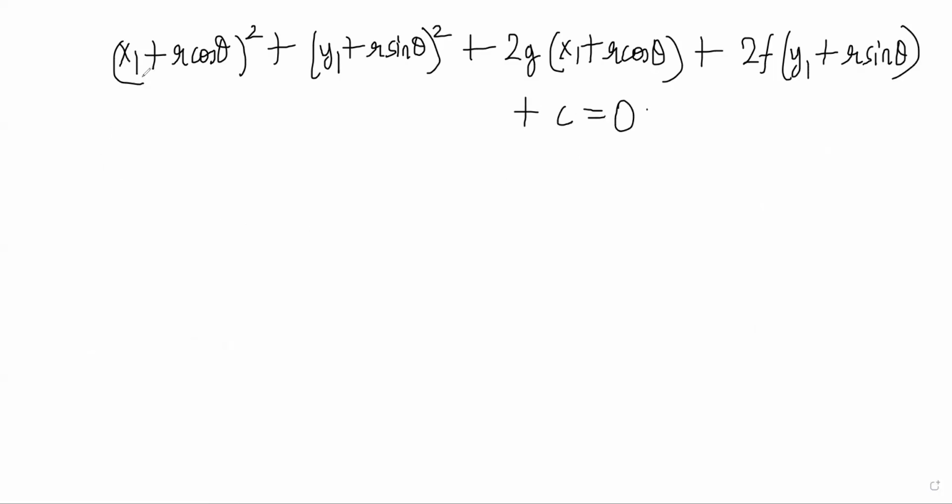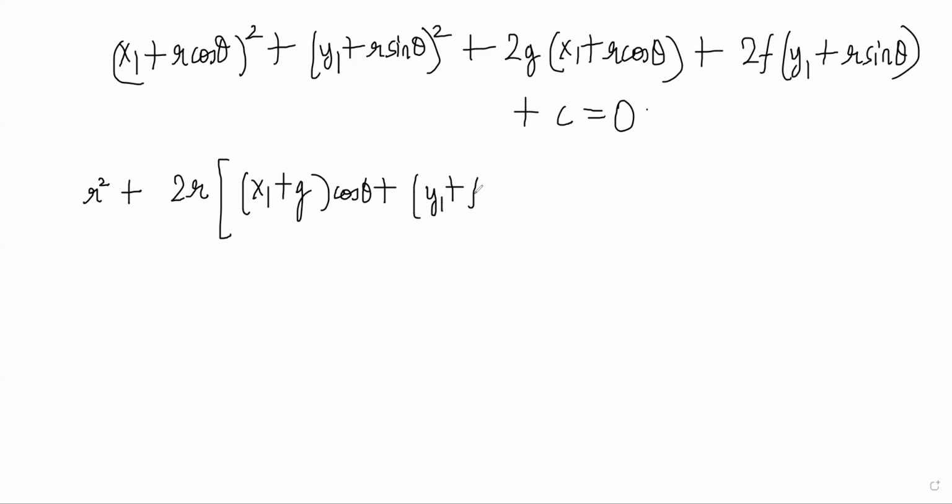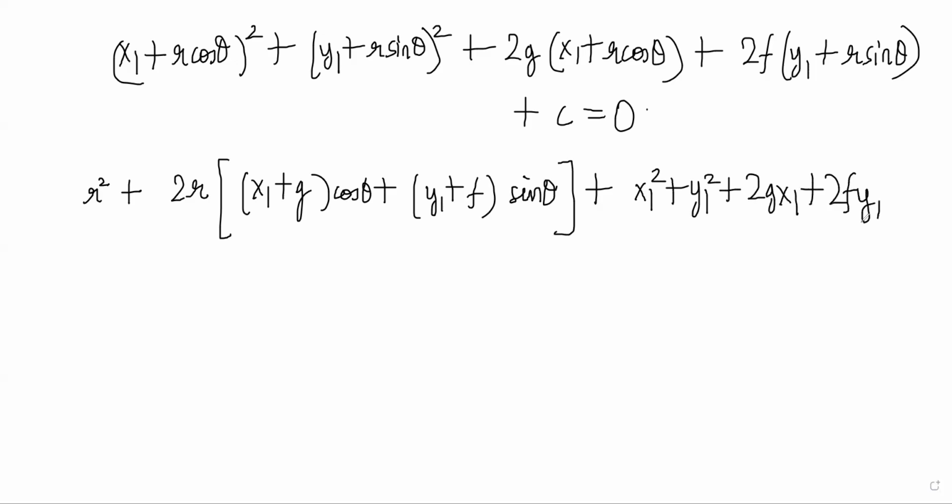You can clearly see that if you square it out and collect all the terms together, you will get a quadratic that looks like this. r² + 2r[(x1 + g) cos θ + (y1 + f) sin θ], and plus you have some constants, which would be basically x1² + y1² + 2g x1 + 2f y1 + c. These will be constants that will appear, and this will be equal to 0, right?